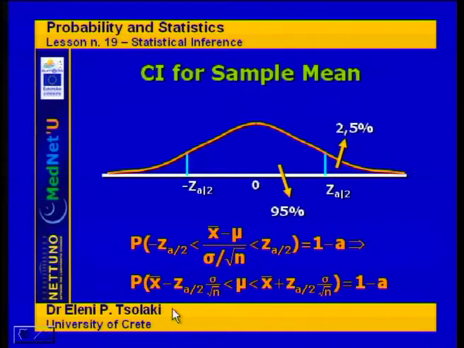If we substitute these points of the standard normal distribution, and if, for example, we know sigma, the standard deviation, and of course we know n, we can obtain this interval.